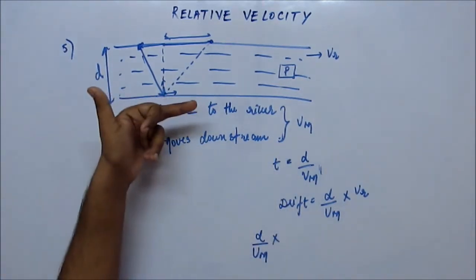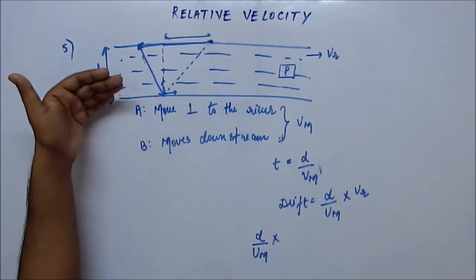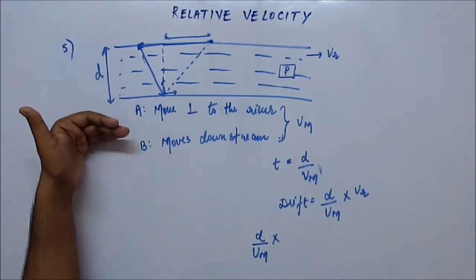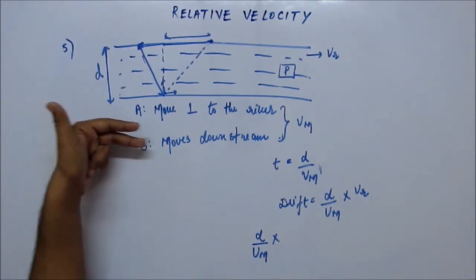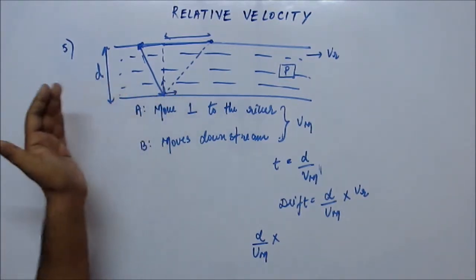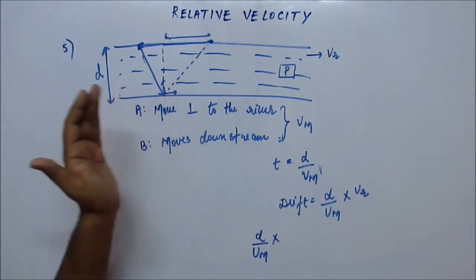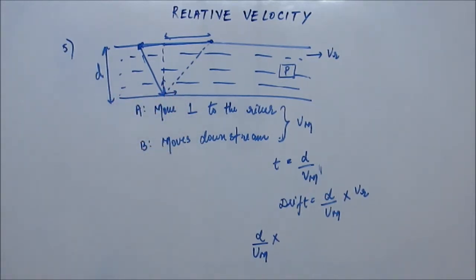When it goes downstream, the velocity would be the net velocity, the velocity that it generates on its own, plus the velocity with which the river is flowing. The river will also drag swimmer B. It will help swimmer B go downstream. So the velocity with which swimmer B is going is Vm plus Vr. So this is the distance that swimmer B has traveled.